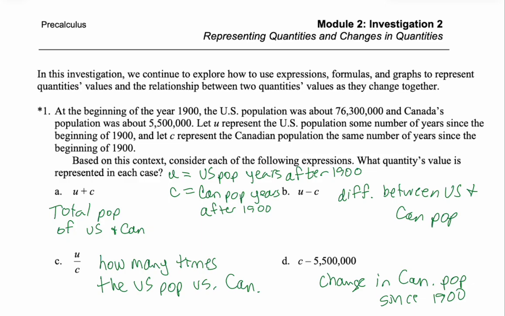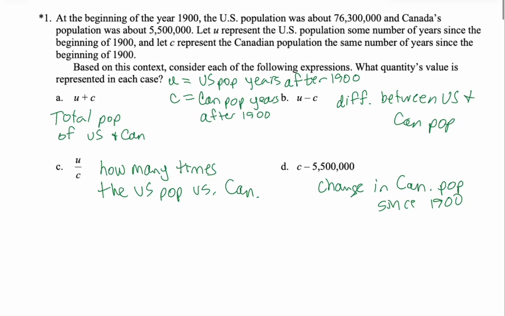But again, we can't necessarily know that, but odds are there was an increase. Okay. So that's just a little bit about how we can take words from the problems, assign variables to those words, and then how the different mathematical expressions mean different things, okay? Any questions about problem number 1?